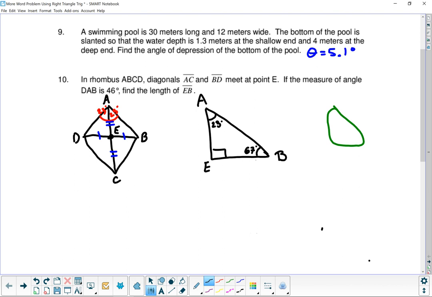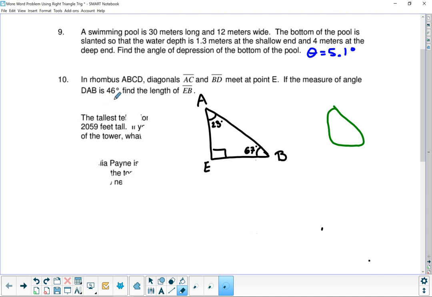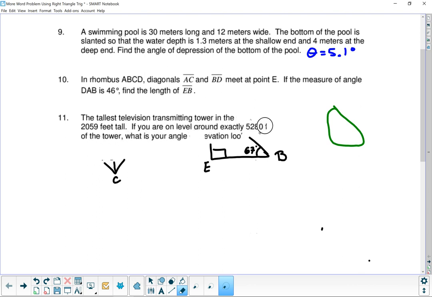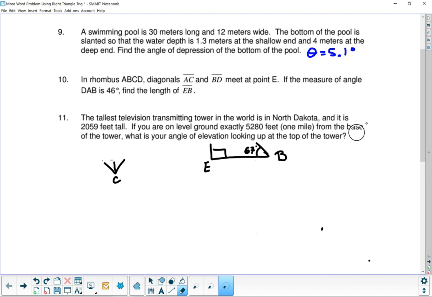You know what? Let's see. This one, let me think about it. All right, guys, sorry about that. Let me think about this one. Let's look at number 11, trying to not take my sweet time.